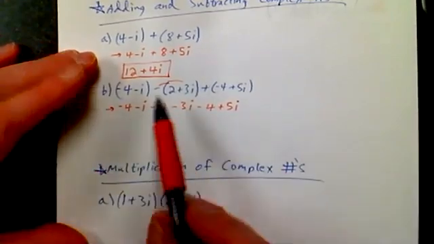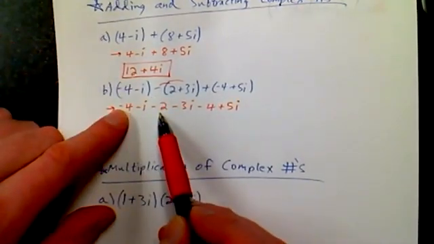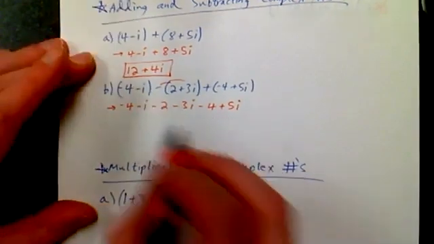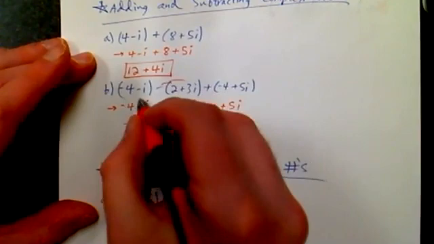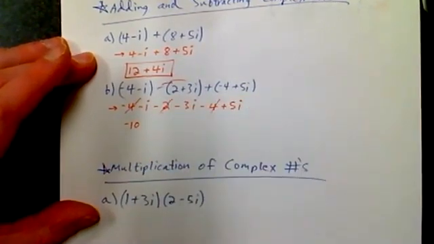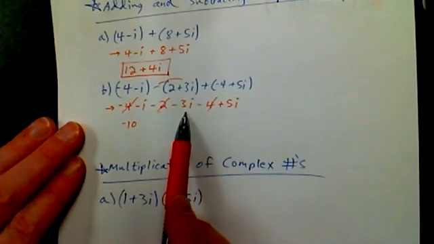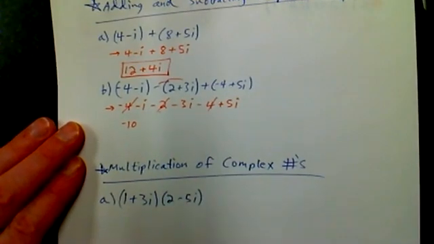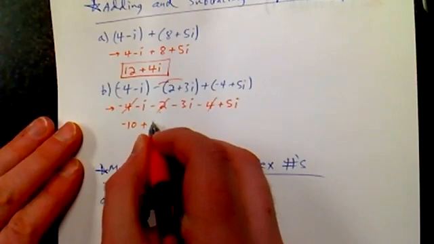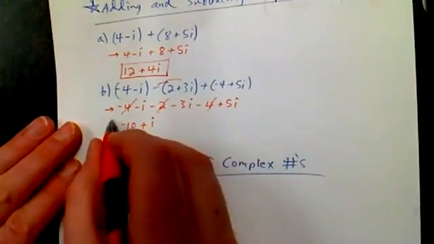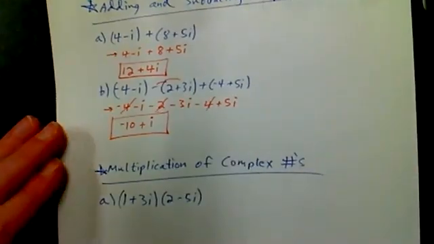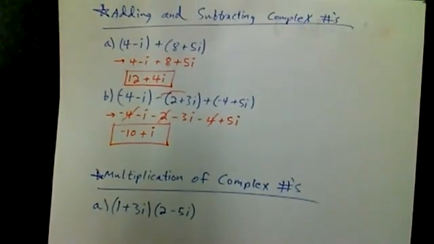Well, next I realize I have a negative 4, and I got a negative 2, which I know is negative 6. Minus 4 is negative 10. So I got negative 10. I took care of all the real parts. And then I have imaginary parts. Negative i and negative 3i is negative 4i, plus 5i is plus a single i. Negative 10 plus i. Not too bad.